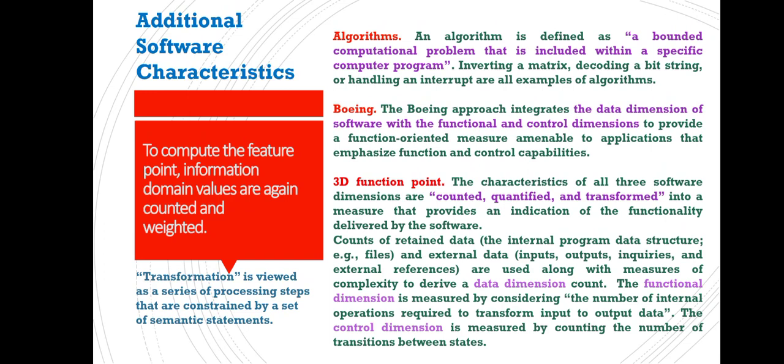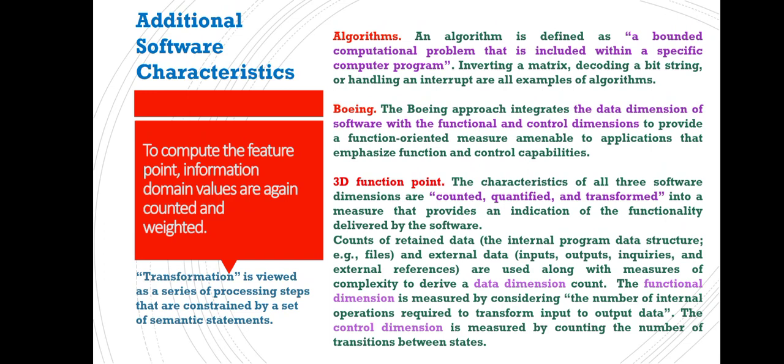So, counts of retained data may be related to the internal program data structure such as files, and external data may include inputs, outputs, inquiries, and external references. All are used along with the measures of complexity to derive a data dimension count.